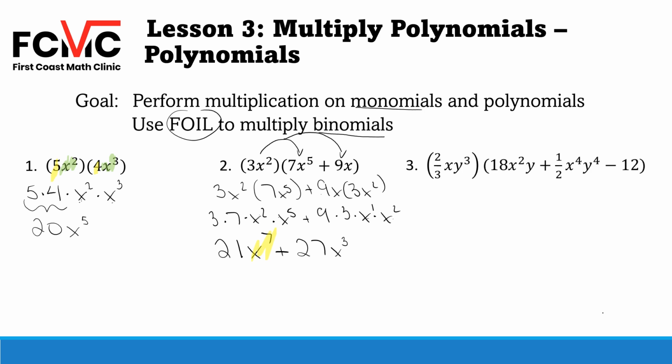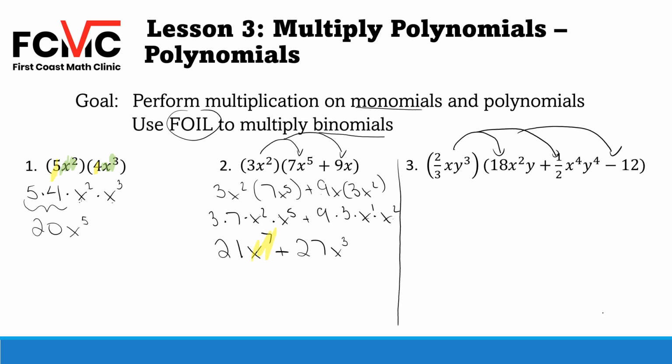And for number 3, we've got 2/3 x y to the third times 18x squared y plus 1/2 x to the fourth y to the fourth minus 12. So we're going to use the same distributive property.